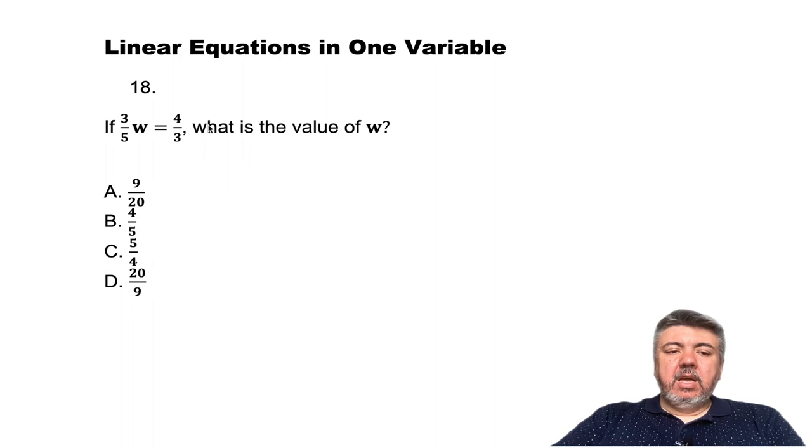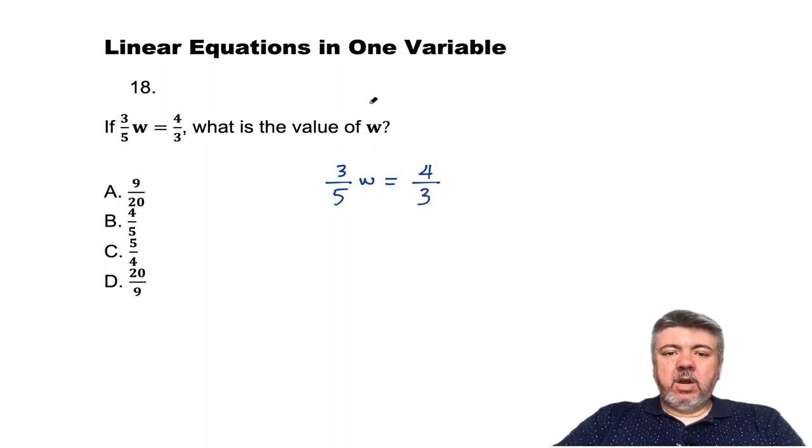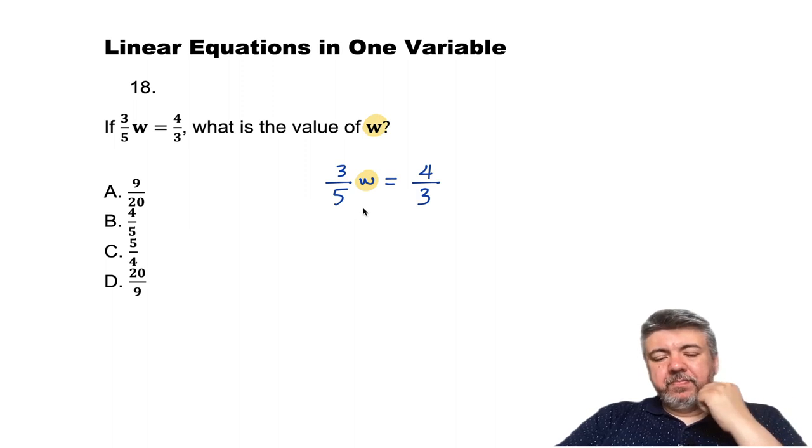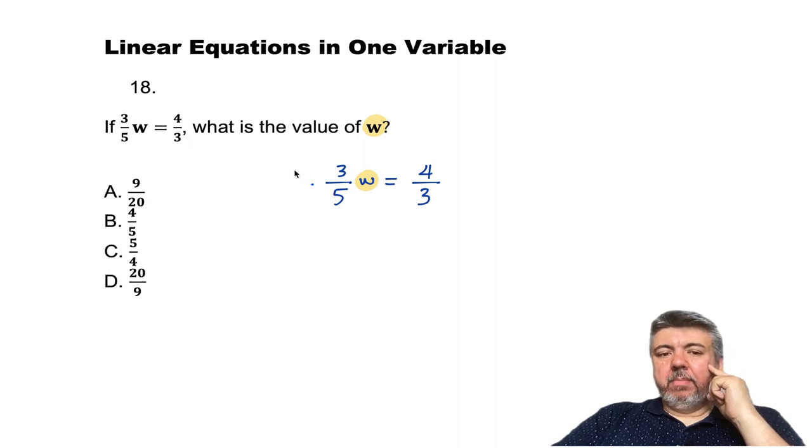Question 18. 3 over 5 w equals 4 over 3. I want the value of w. How can I do that? There is a single trick we can do: multiplying by the opposite, like 5 over 3, on both sides.